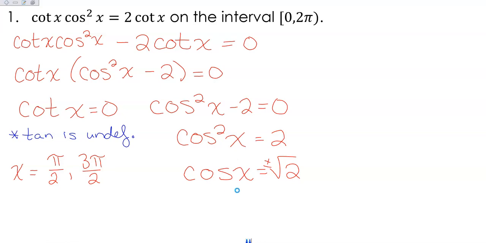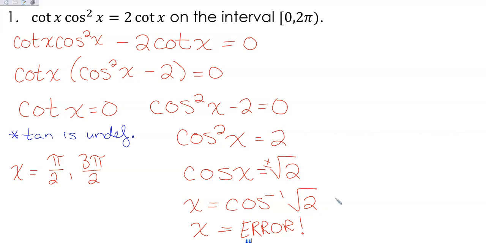So if I were to try to solve this for x, we would take the inverse of both sides. So I would do the cosine inverse, and let's just pick positive square root of 2 for right now. If you try to put this in your calculator, you should get an error message.